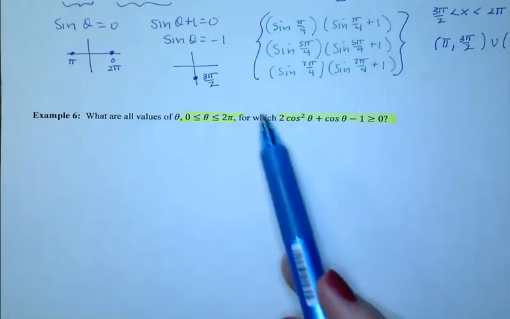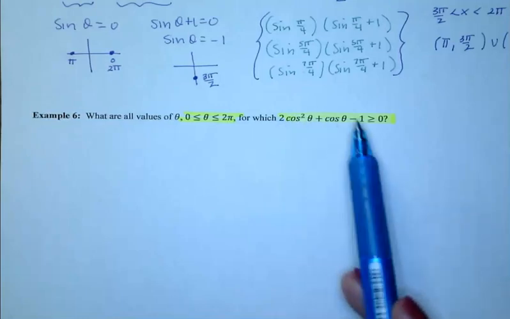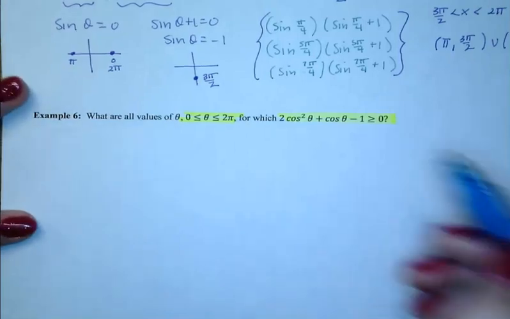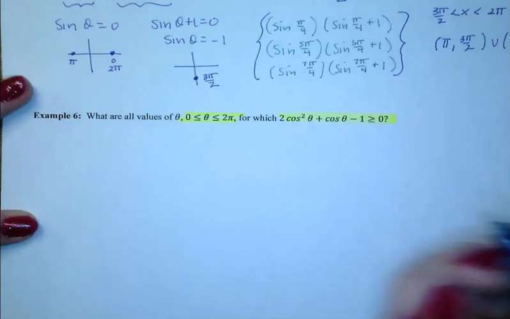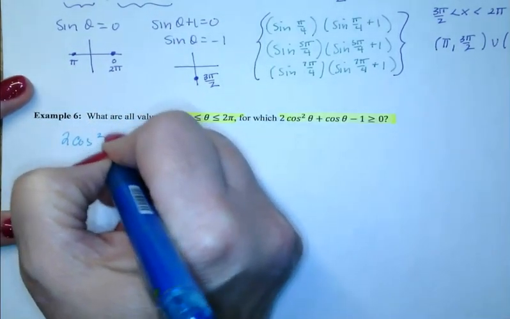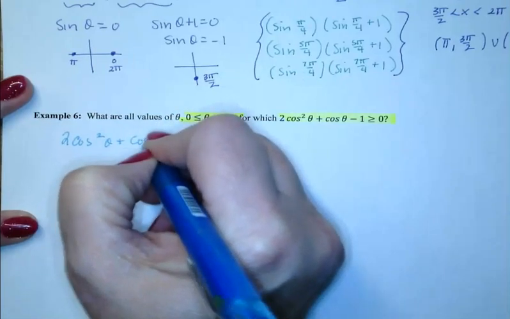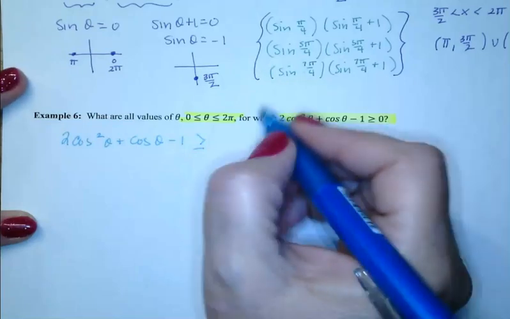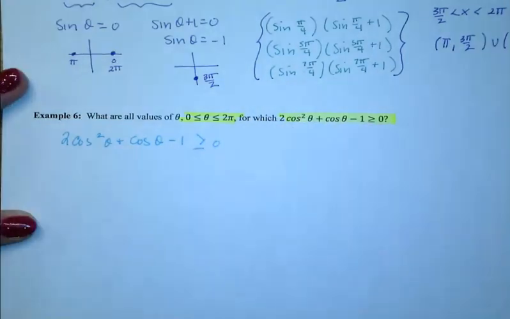And we obviously can't do that here because one is squared and one is not. And hopefully you should recognize that this is just a factoring problem. So we have 2 cosine squared theta plus cosine theta minus 1. And we want to know when are all of those values greater than or equal to 0.